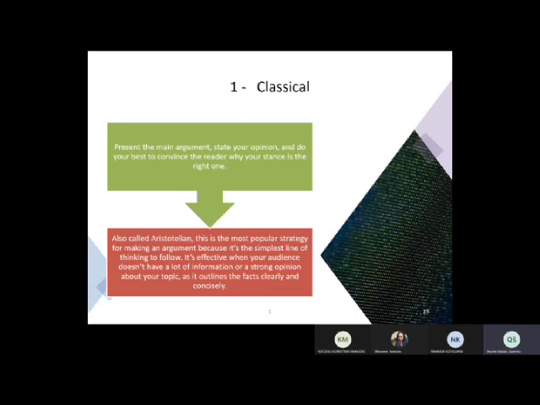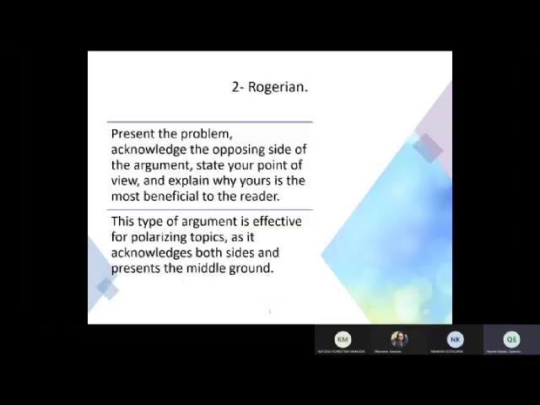Also called the Aristotelian, this is the most popular strategy for making an argument because it's the simplest line of thinking to follow. It's effective when your audience doesn't have a lot of information or a strong opinion about the topic, as it outlines the facts clearly and concisely.